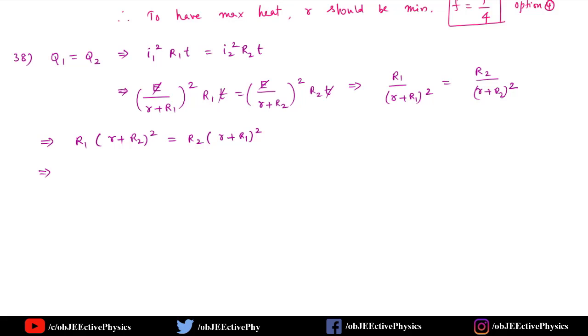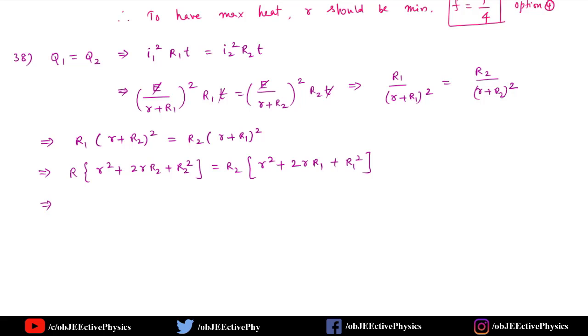So expanding A plus B whole square, R1 into (small r square plus 2 small r R2 plus R2 square), using the A square plus 2AB plus B square formula, is equal to R2 into (small r square plus 2 small r R1 plus R1 square).